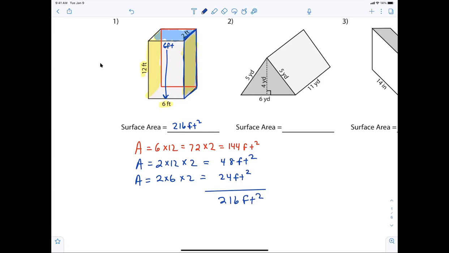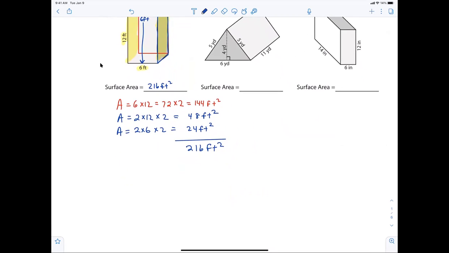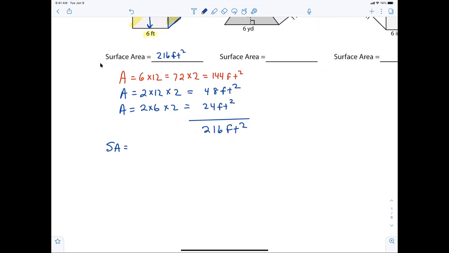Now for the rectangular prism, I want everybody to write down here: surface area equals. There's a little formula. Some of the kids in my last class said, I don't really care about that formula, can I just add up the rectangles? And the answer is yes. But the surface area is 2LW plus 2LH plus 2WH.